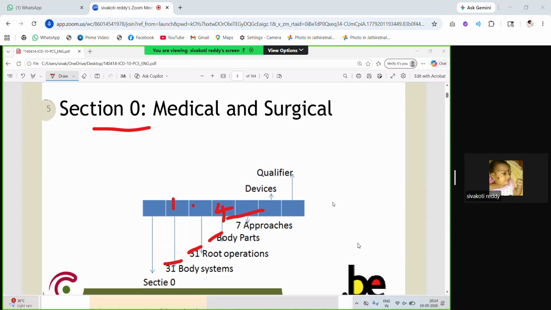Wherever they are performing a procedure, that is the body part. Clear? Site or location, same meaning. Next.